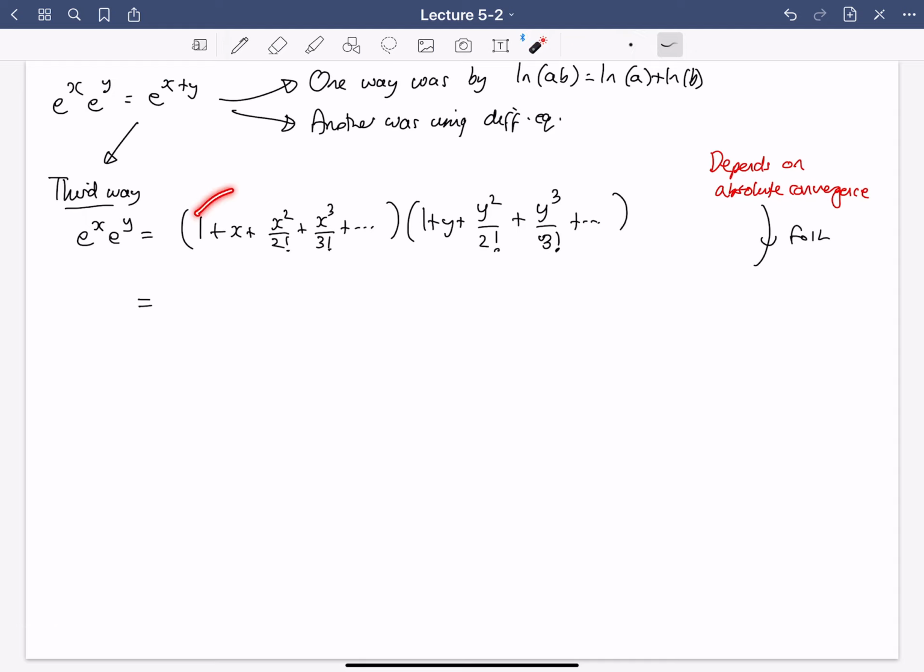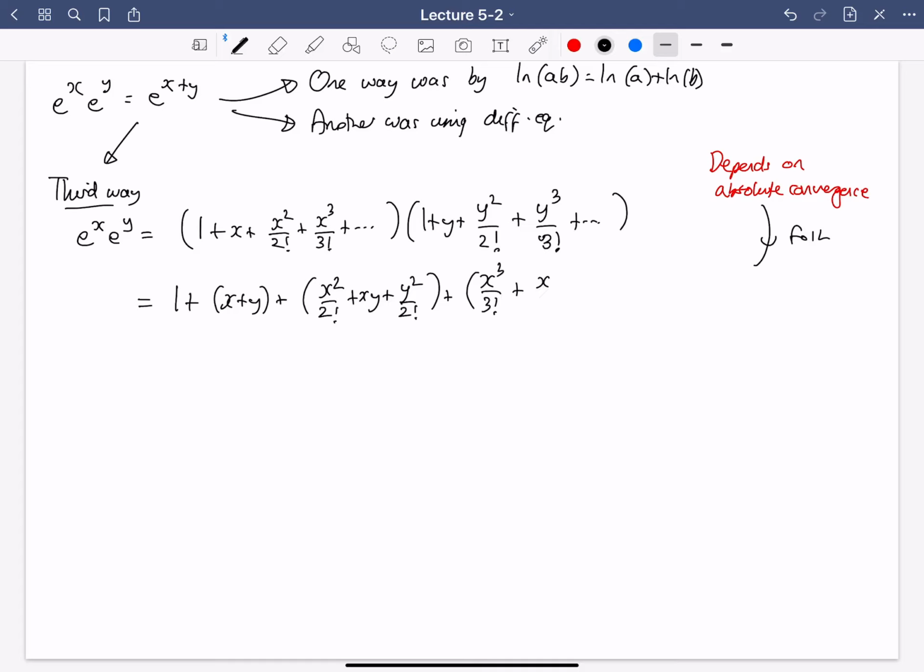So I'm just going to take the first terms, 1 and 1. And then I'm going to take the degree 1 terms, the x and the 1 and the 1 and the y. And I'm going to take the degree 2 terms, the x squared, the x and the y, the y squared. And then I'm going to take degree 3. So you kind of see the idea.